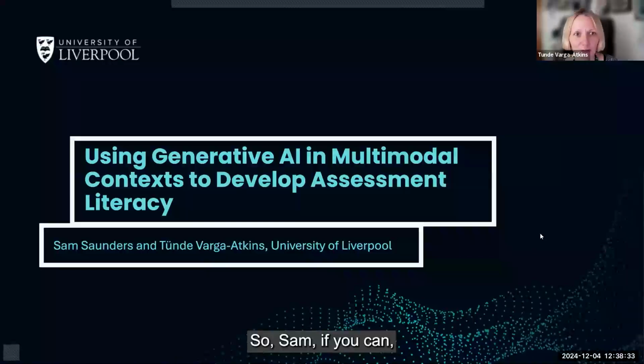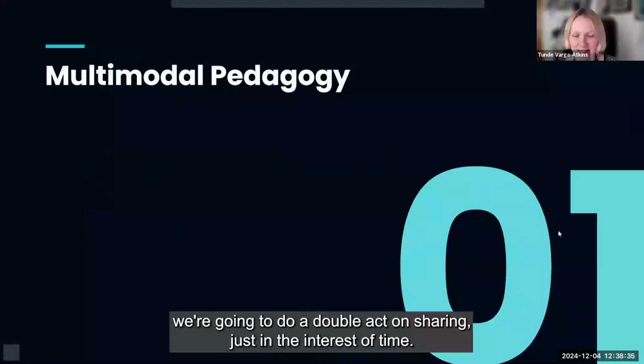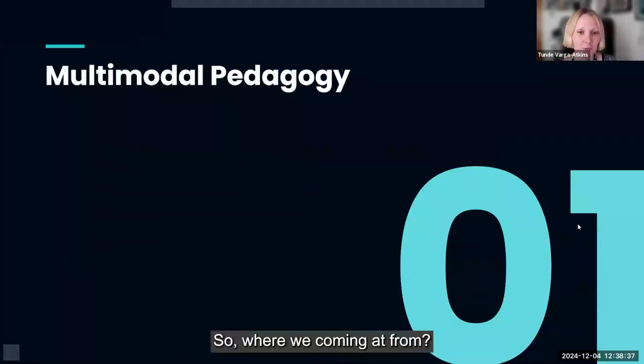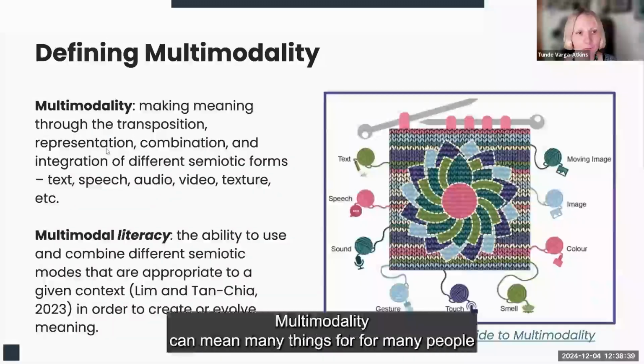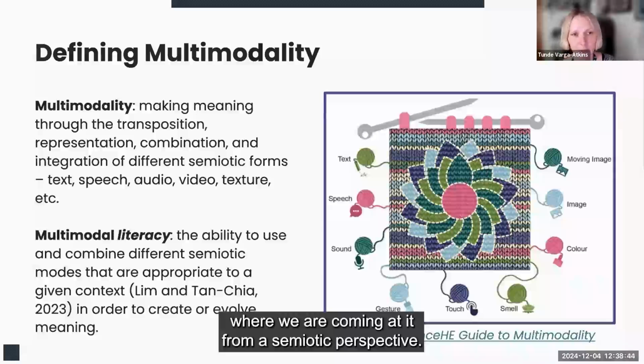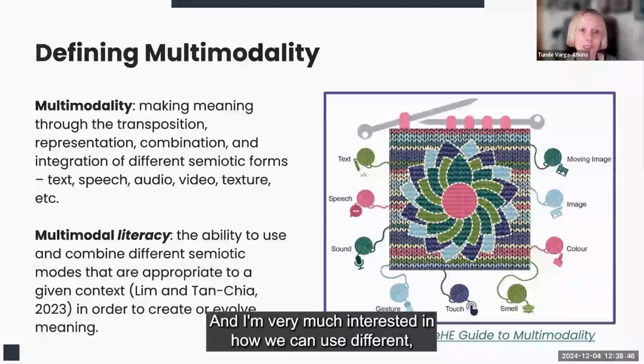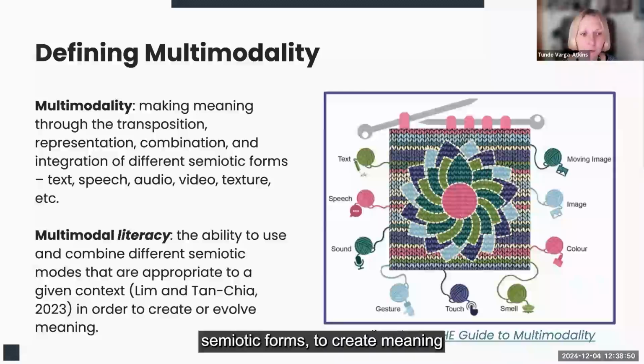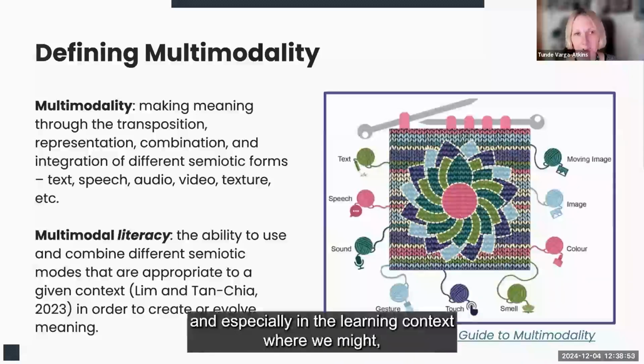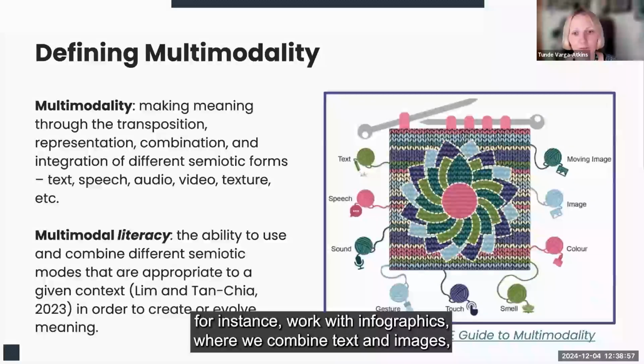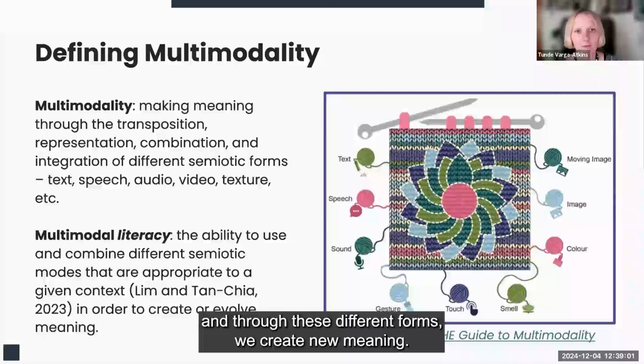So Sam, we're going to do a double act on sharing, just in the interest of time. Thank you very much. So where we're coming from, multimodality can mean many things for many people. We are coming at it from a semiotic perspective, and are very much interested in how we can use different semiotic forms to create meaning, especially in the learning context, where we might, for instance, work with infographics, where we combine text and images, and through these different forms, we create new meaning.